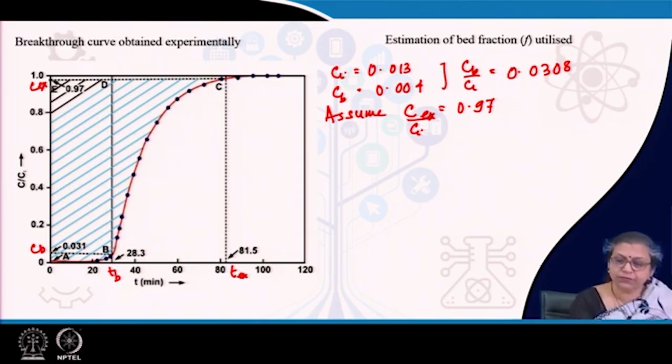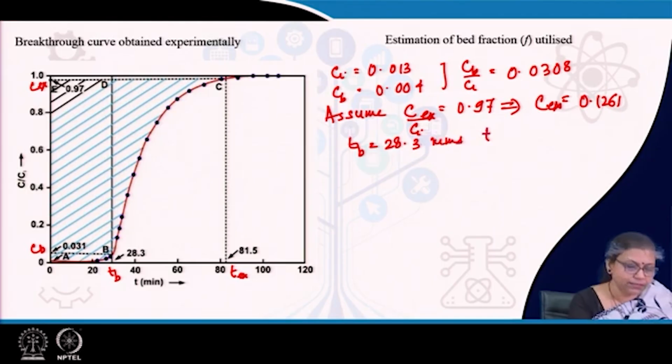So, from here we get CEX equals 0.1261. TB, we know TB, if you see it carefully, it is 28.3 minutes. T exhaustion is 81.5 minutes.